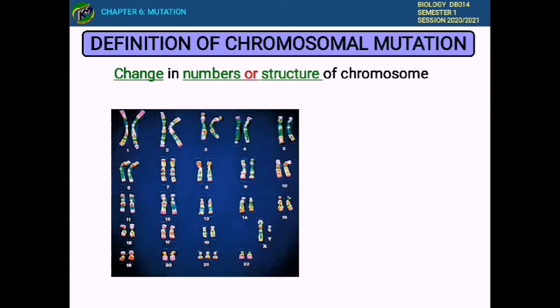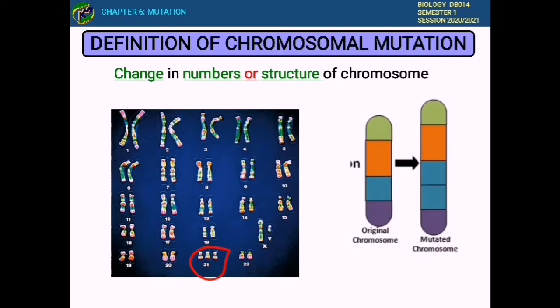But in this picture, look at chromosome 21. Here we have 3 chromosomes, with one extra chromosome. So there is a mutation, which is called chromosomal mutation.